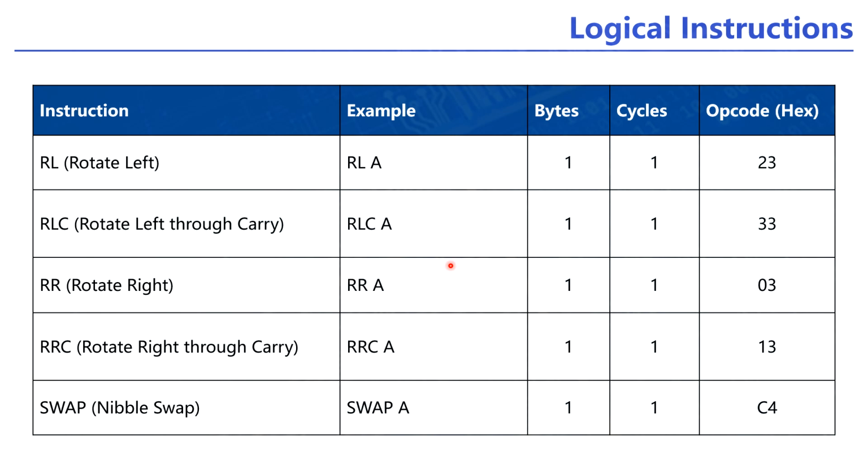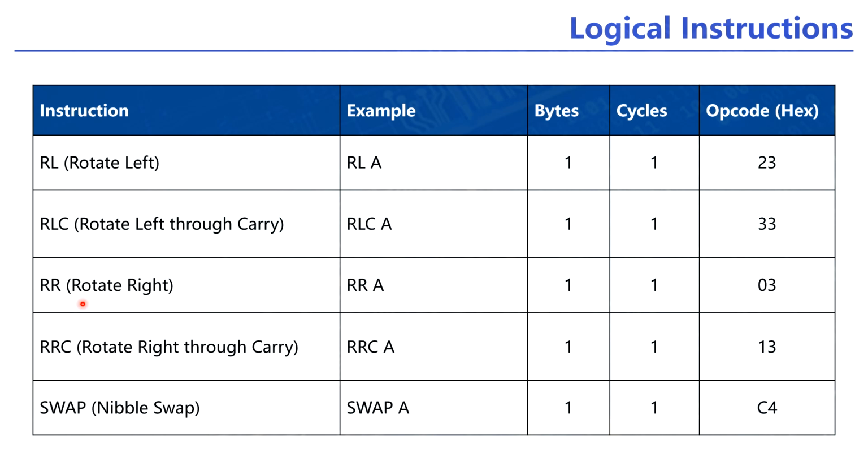You can just read out the logic, or we can understand the logic from here, as the tables give a comparison. RLC is rotate left through carry accumulator. This instruction is a 1-byte instruction, and 1 machine cycle is required for its execution. The opcode is 33H.